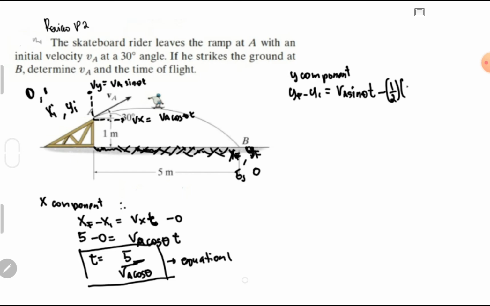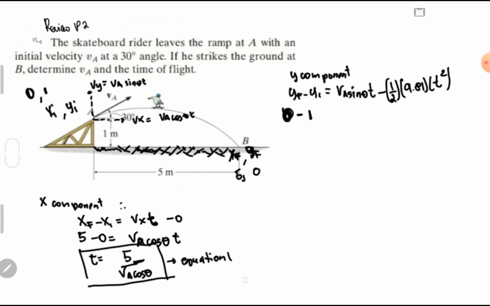So negative 1/2 times 9.81 t squared. Okay, so setting our t equal to 5 all over va cosine theta, we have yf which is equal to 0, less our initial yi which is equal to 1.